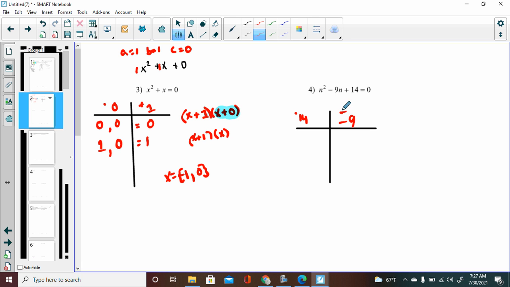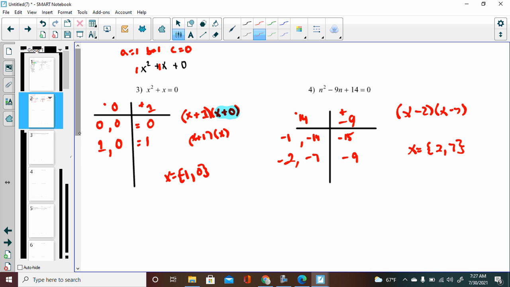So it adds up to negative 9. I'm going to start with negative 1, divide that, I get negative 14, and add that, I get negative 15, not even close. Try negative 2, and 14 divided by negative 2 is negative 7. This helps you work with your math, and here's my group. So factor form will be x minus 2 times x minus 7. Solutions will be x equals {2, 7}, and you're done.